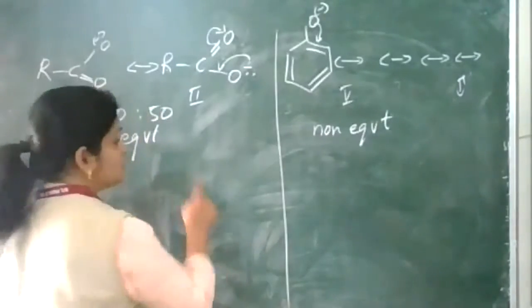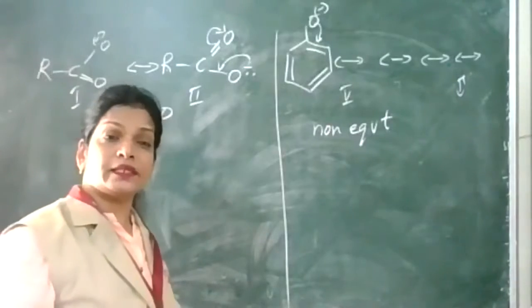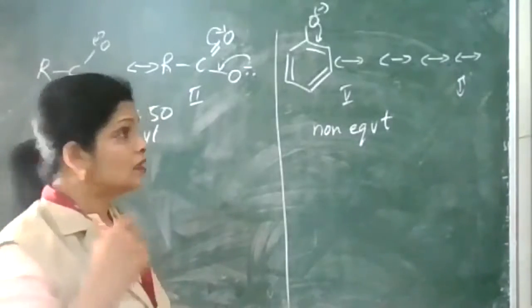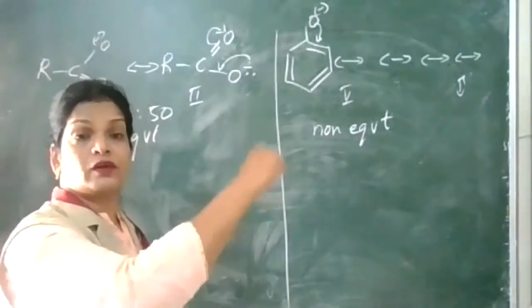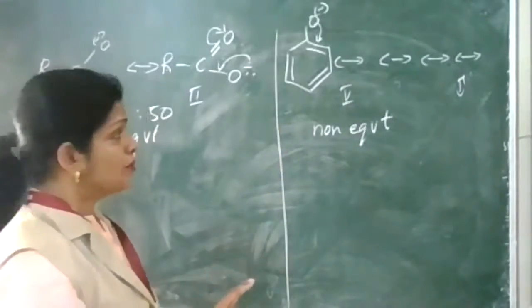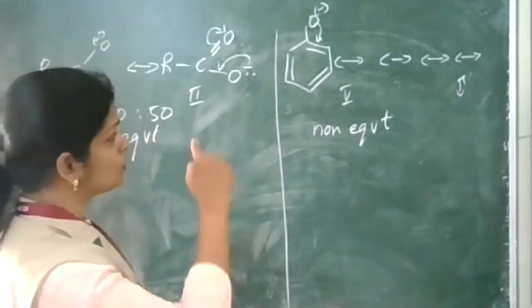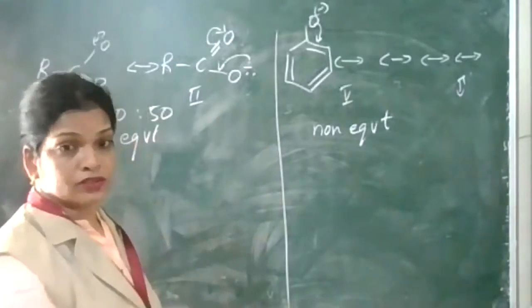Equivalent resonance structures mean more stability for this carboxylate ion. So carboxylate ion is more stable than carboxylic acid, compared to the relation between phenol and phenoxide ion. Phenoxide ion is stable compared to phenol, but phenoxide ion is not as good an ion as carboxylate.